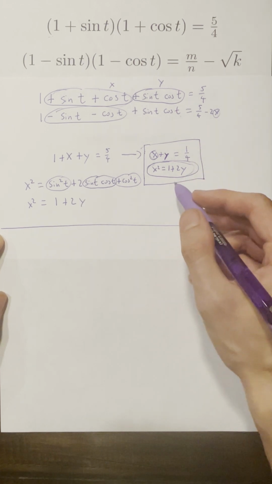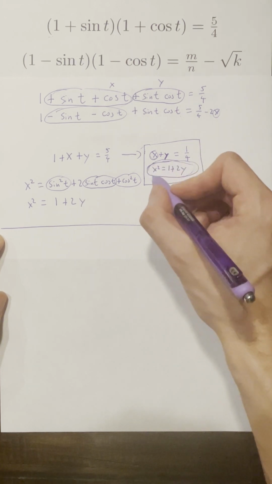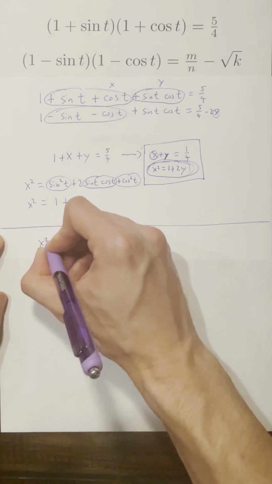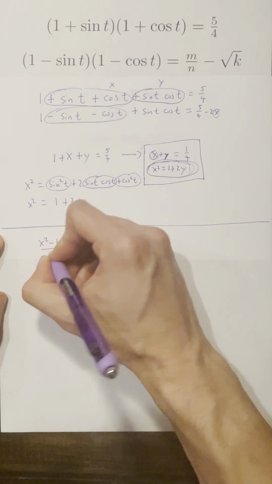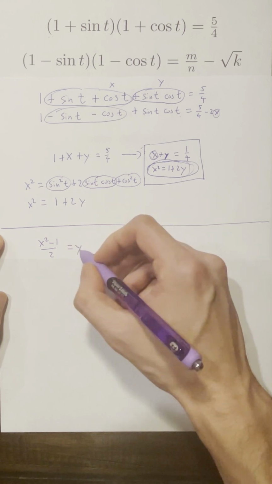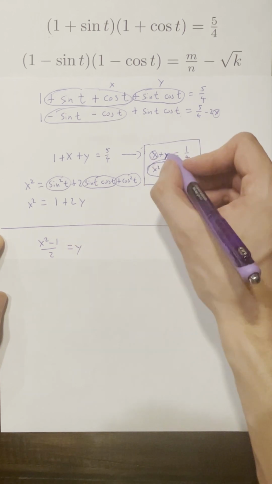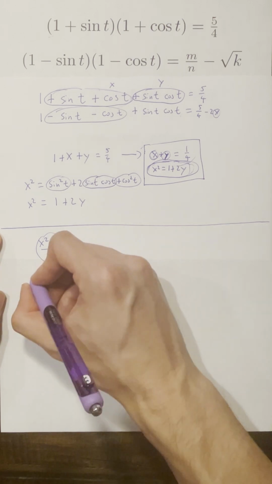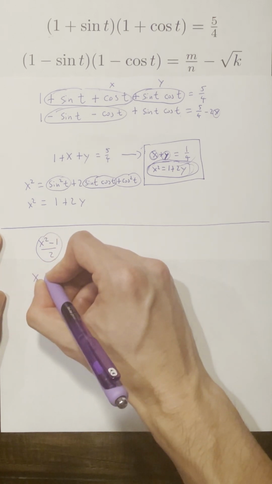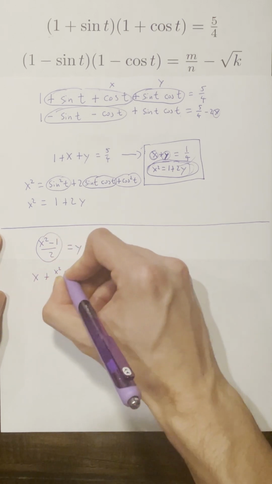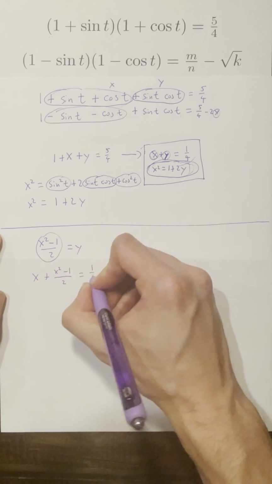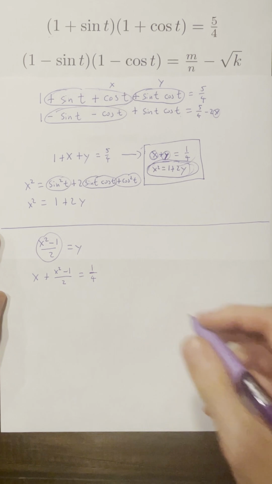So how do we do that? I'm going to get y by itself here first. So x squared minus 1/2 equals y. And now I'm going to go into this equation and change y to this. Okay, so we've got x plus x squared minus 1 over 2 is equal to 1/4. And now we can solve for x.